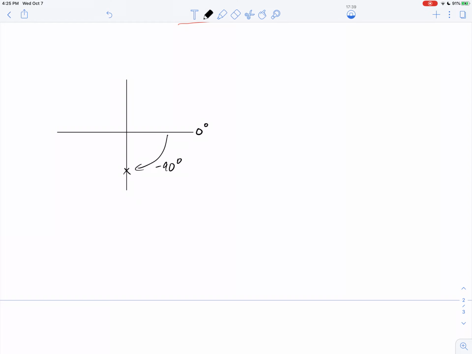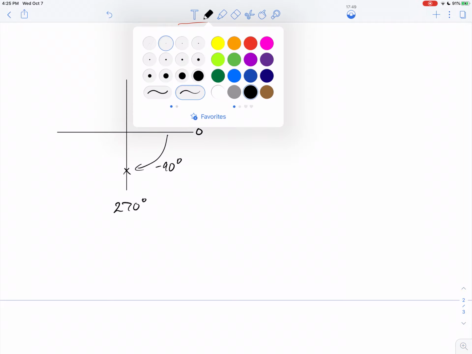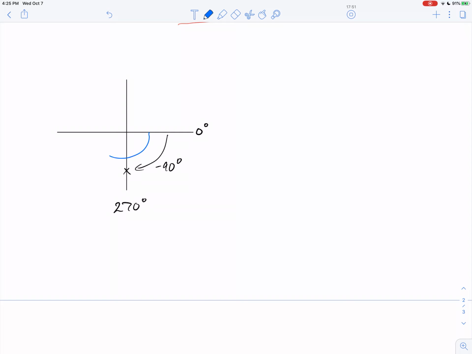Well, that's going to give me the same exact result as a 270-degree angle. Or if they said, even boldly, what if we want you to have a negative 270-degree angle? Well, wouldn't that be the same thing as a positive 90-degree angle? You'd still end up here.